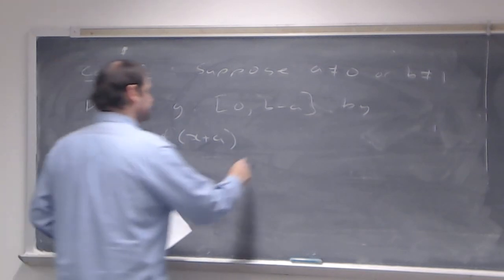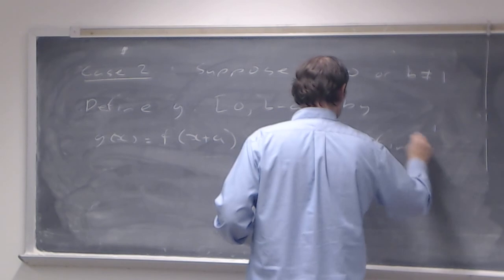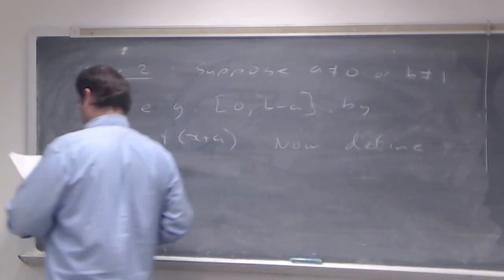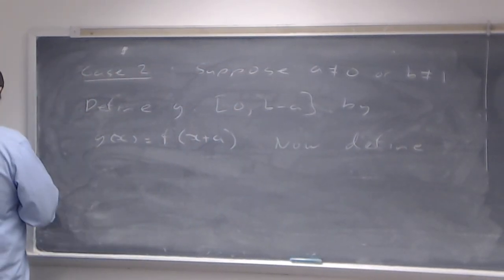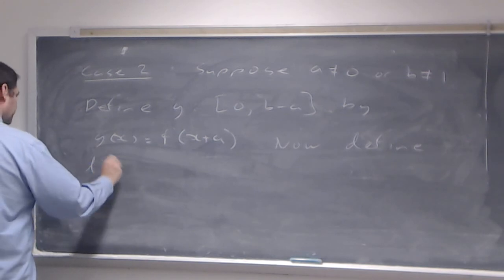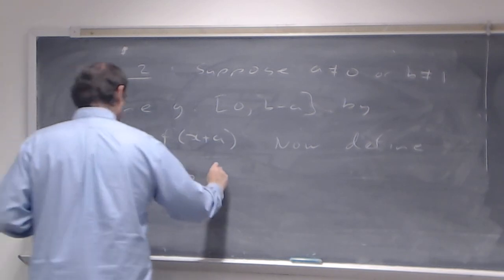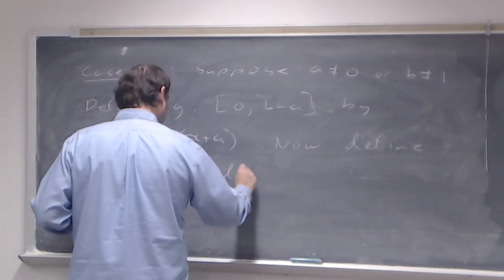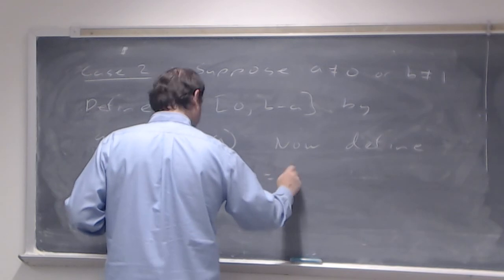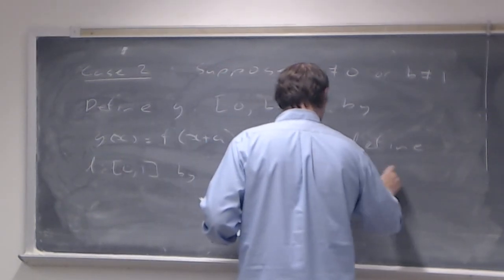Now define L from 0 to 1 by L of x equal to g evaluated at (b minus a) times x.